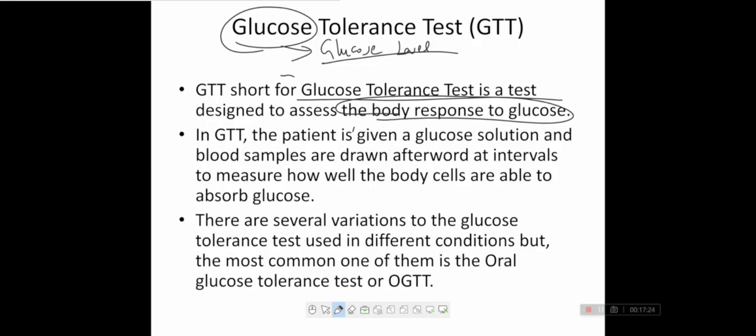When we eat food and the glucose present in that food, how does our body respond to that glucose? Insulin is produced in response to that glucose. If insulin is produced, then how much insulin is produced? All this is identified by the glucose tolerance test.